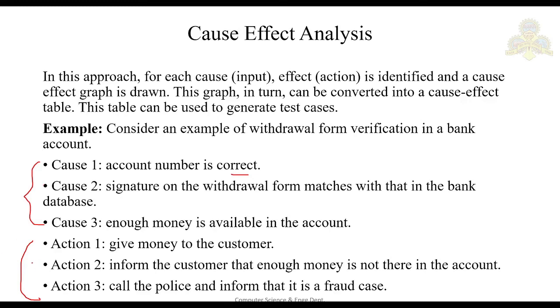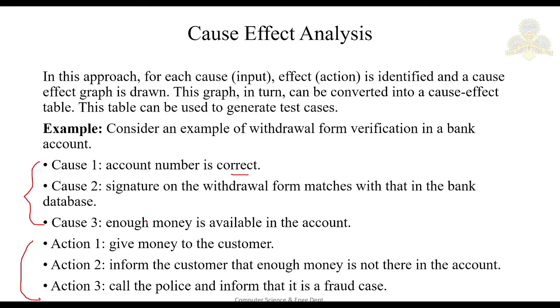Say for example, test case 1 would be your account number is correct, your signature matches, and you have enough money. So all these are true. Then what will happen? You can get the money, right? That becomes your test case 1. Then test case 2: there is a correct account number, the signature matches with the bank database, but there is not enough money.